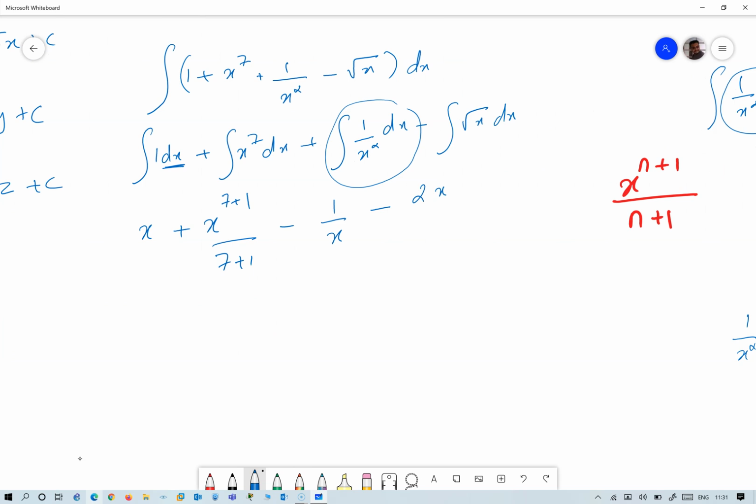That is 2x to the power 3 over 2 over 3, and as a whole I write a plus c at the end. So my final answer is x plus x to the power 8 over 8 minus 1 over x minus 2 over 3 x to the power 3 over 2 plus c.